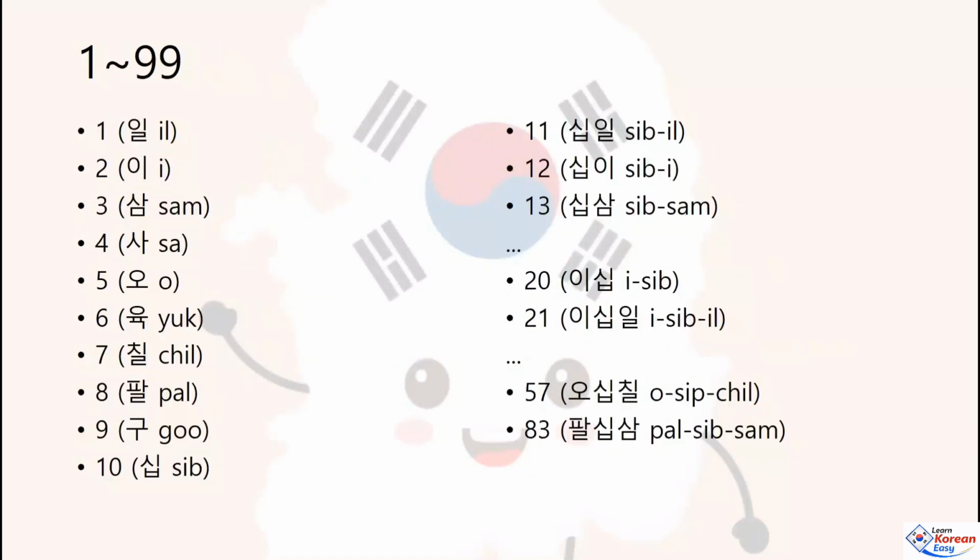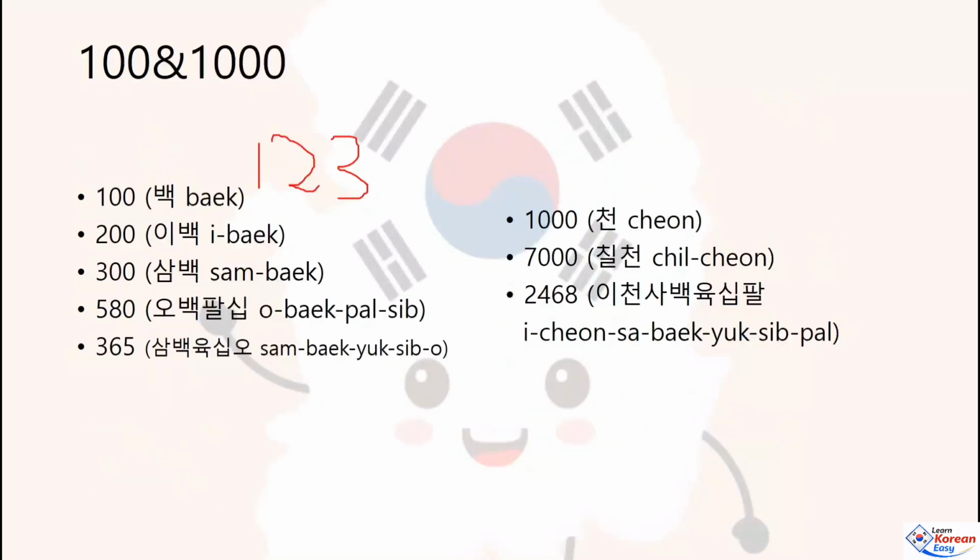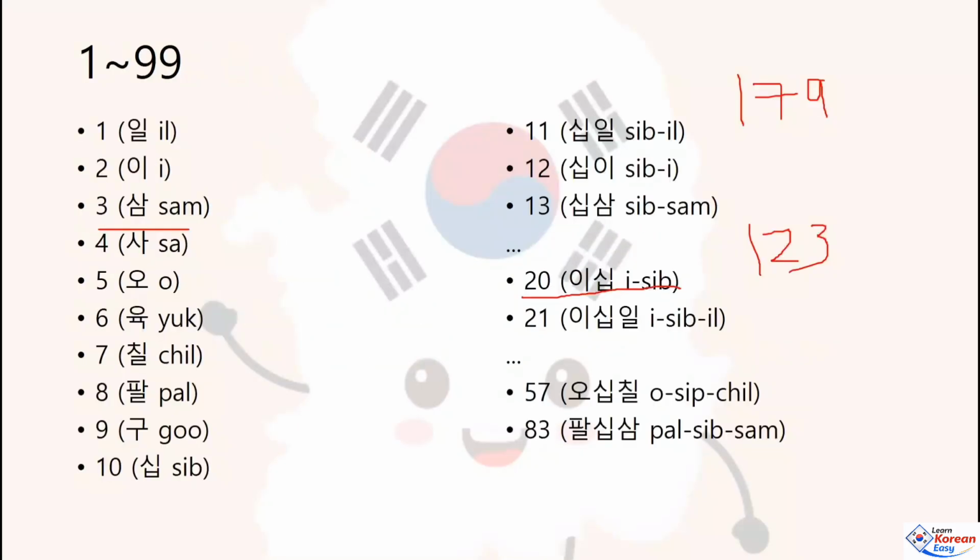So 백, and then 20, right? 20, right here, and then 3. So that's 123. So how about 179? 179, right? Yes, 179. If you have figured it out, you can do any numbers now.